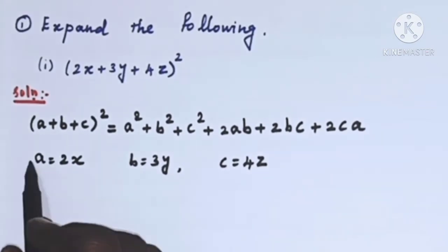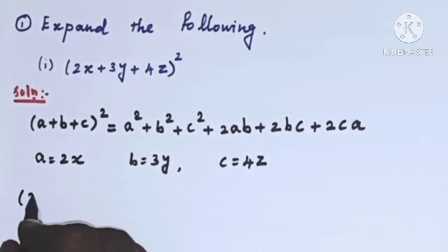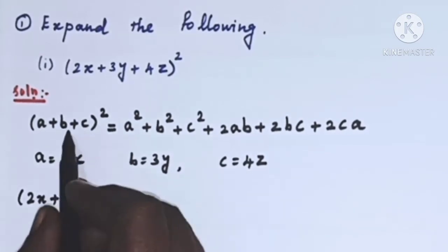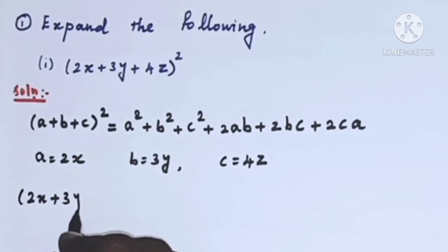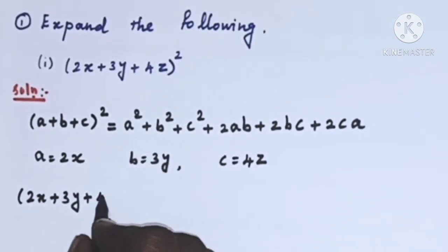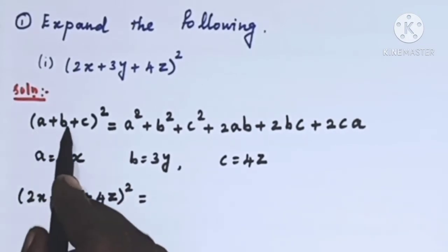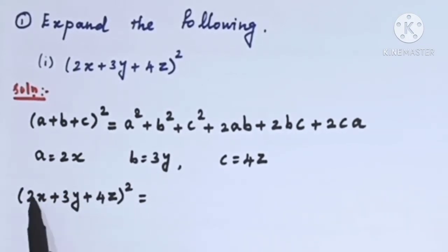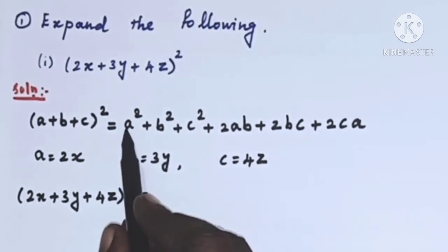Okay. Now the value of a is 2x plus, in the place of b we have to put 3y plus, in the place of c we have to put 4z. So a plus b plus c the whole square is equal to 2x plus 3y plus 4z the whole square, is equal to a square.